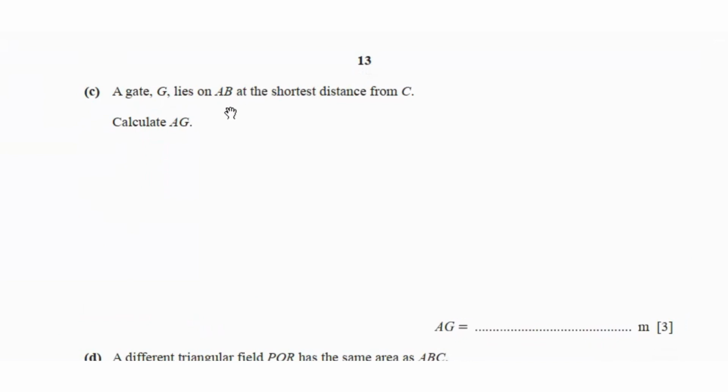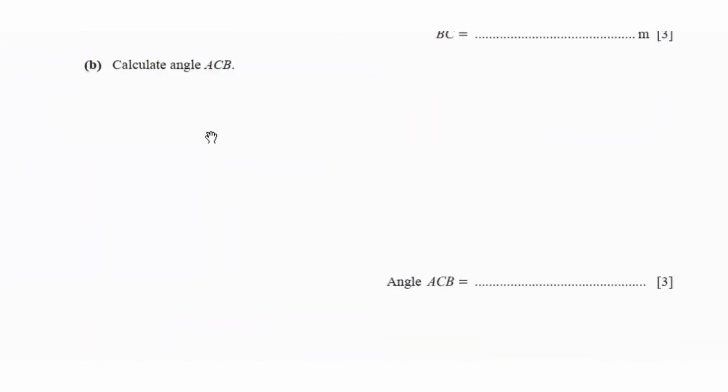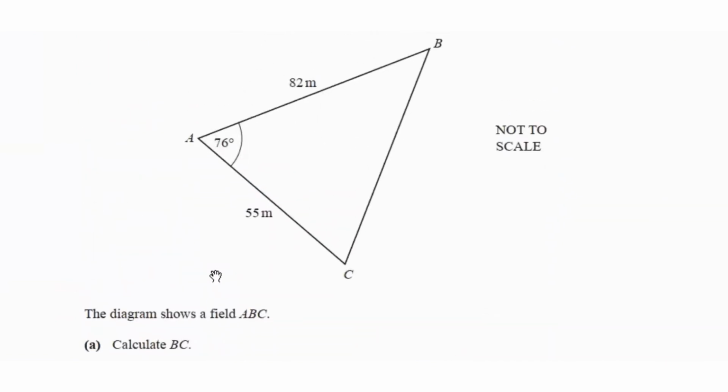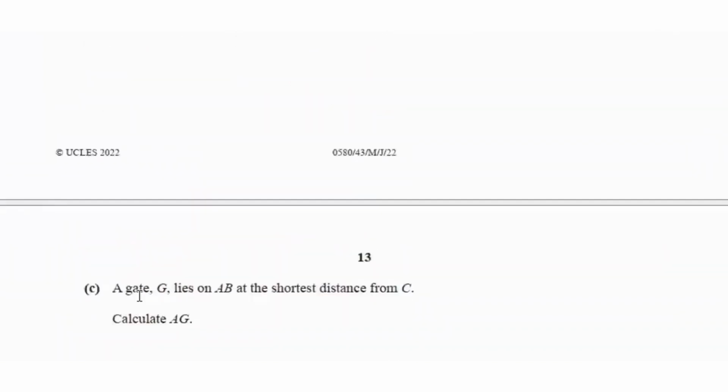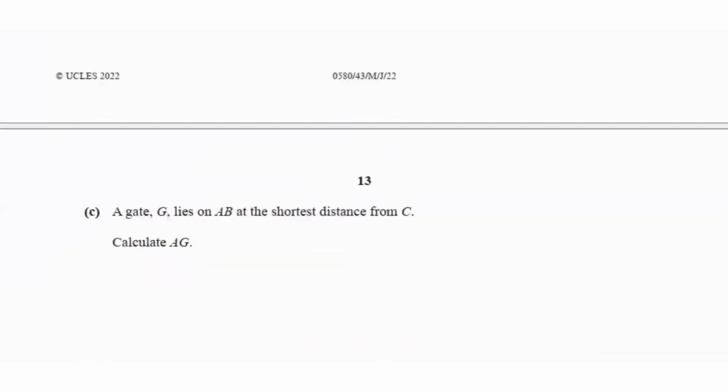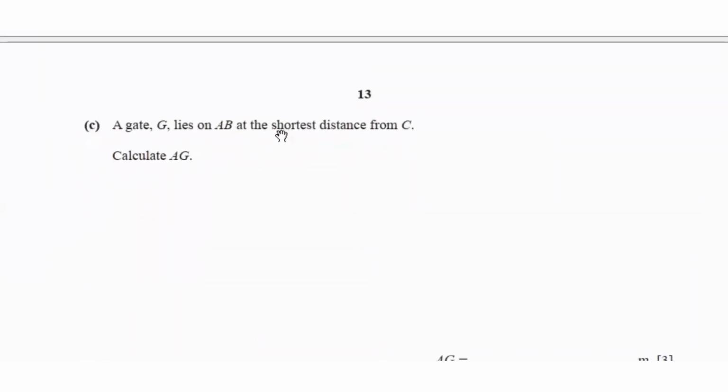Here G lies on AB at the shortest distance from C. Calculate AG. So again, G lies on AB at the shortest distance from C. Calculate AG.